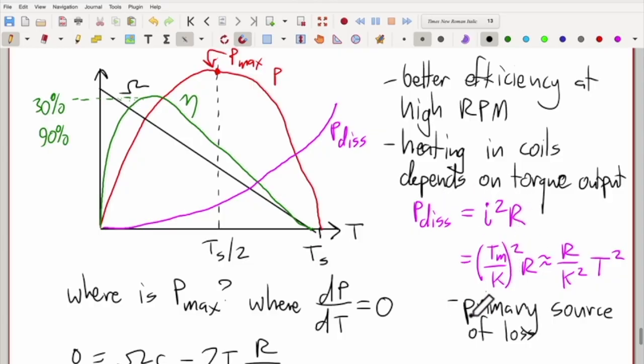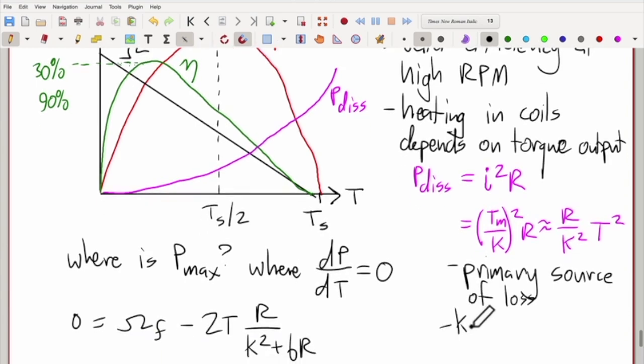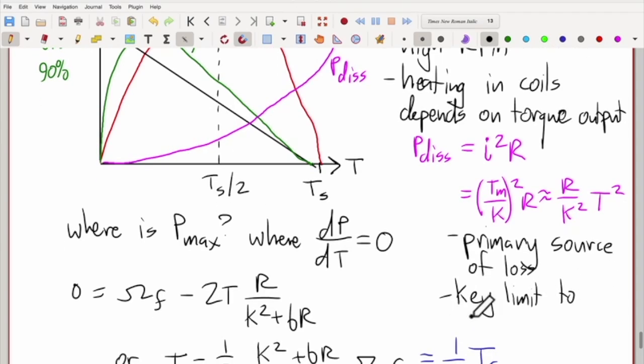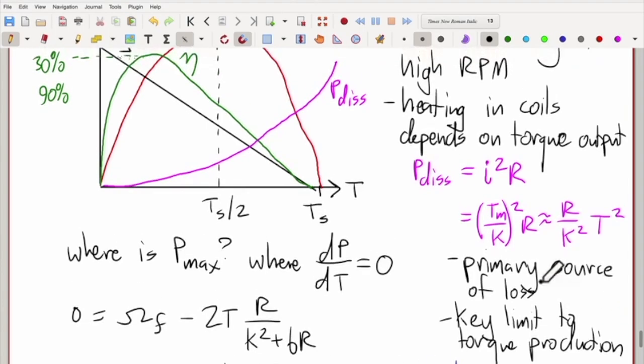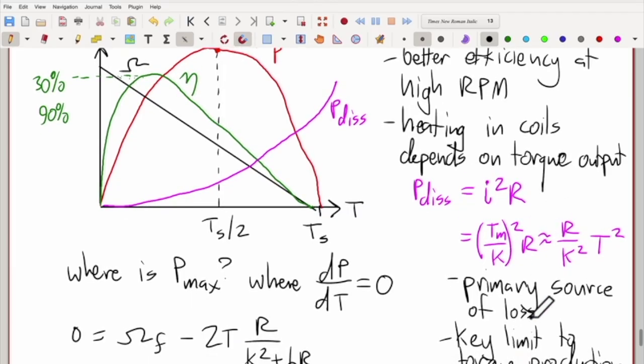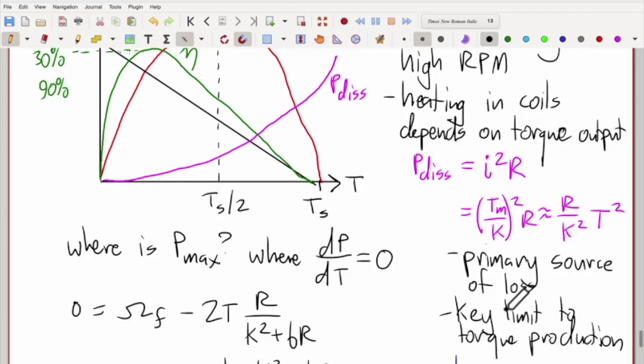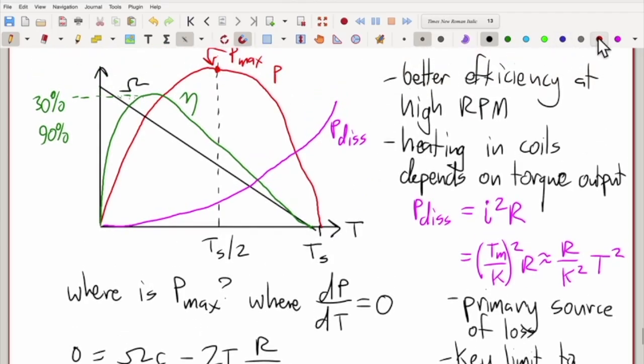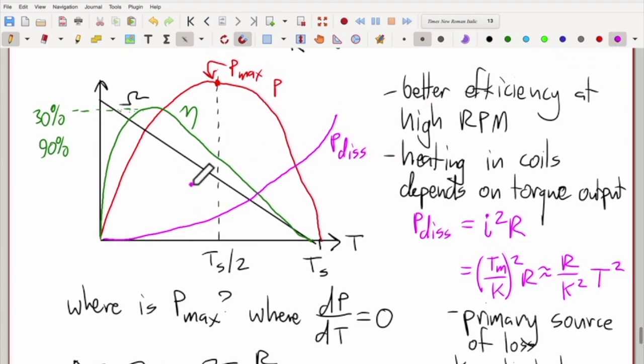The other aspect to keep in mind is that this dissipation is, in practice, the key limit to torque production. Your motor can't overheat. So there's only so much torque you can apply continuously before it overheats. Often that looks like some sort of go, no-go line here, and hypothetically it's over here to the left of the max power.